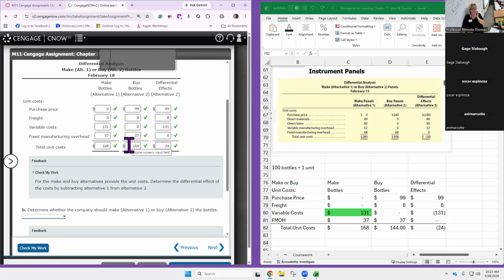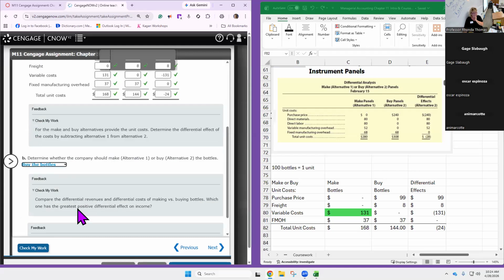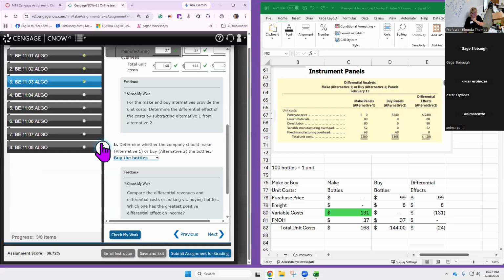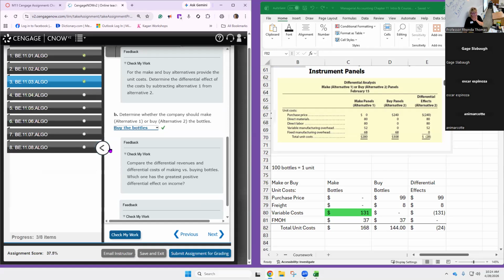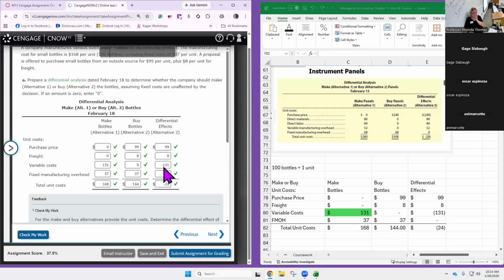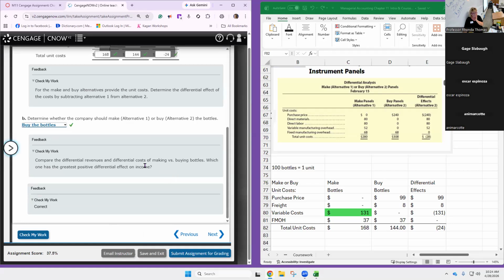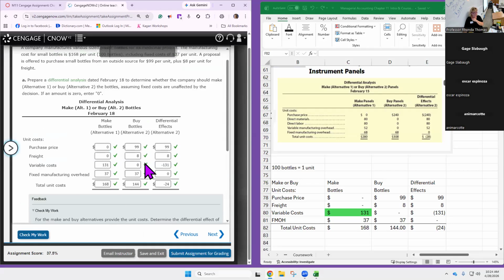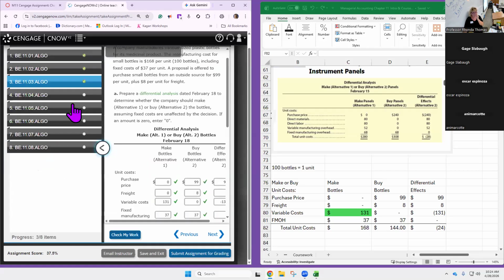Maybe we need to go test the quality of the bottles. There are different things that we might think about before making the decision, but this is definitely putting us on the path to buying the bottles. Let me check it, make sure I'm right. Do I have any red marks? Okay, no. But you really had to concentrate on the fact that this was costs only, not both.